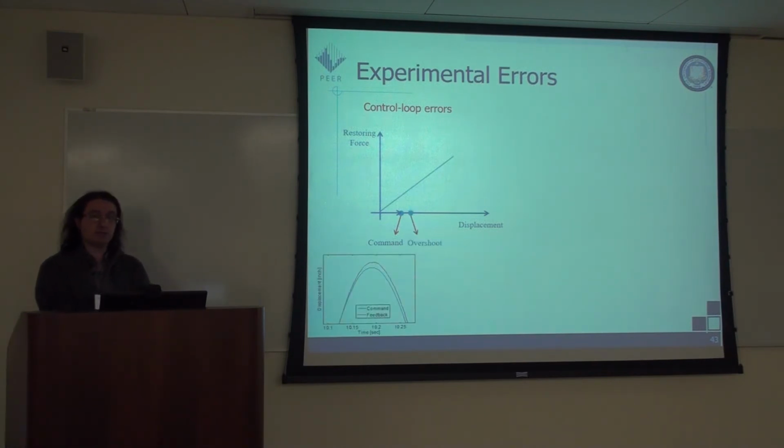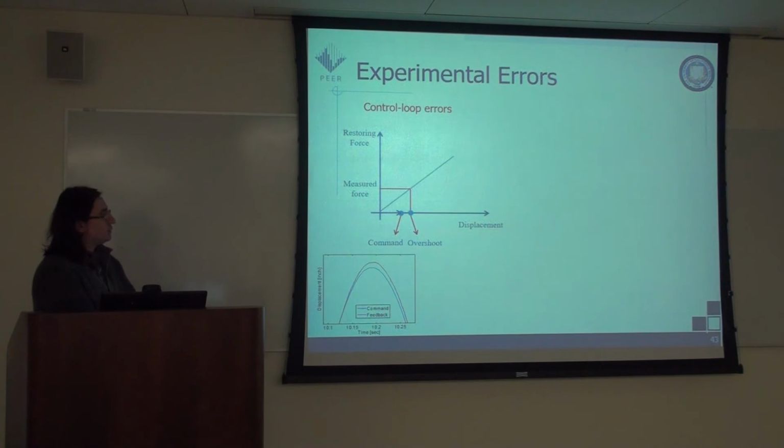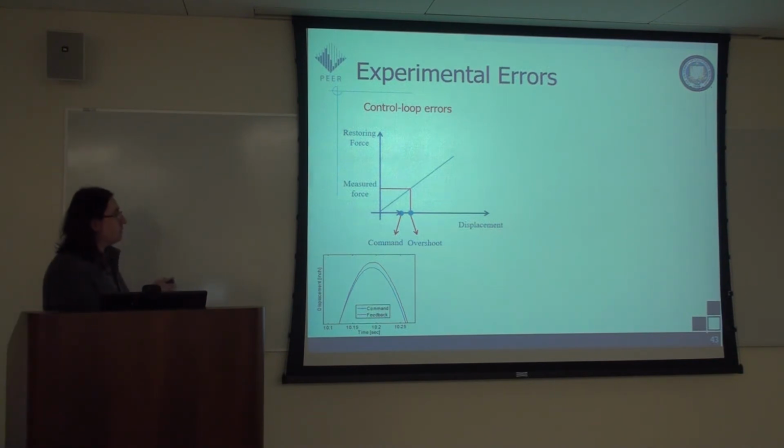So we may apply a displacement larger than what it should be. In this case, the force that we will measure is larger than what it should be, but in the hybrid simulation algorithm, the displacement is still the computed displacement. So the displacement is still here.